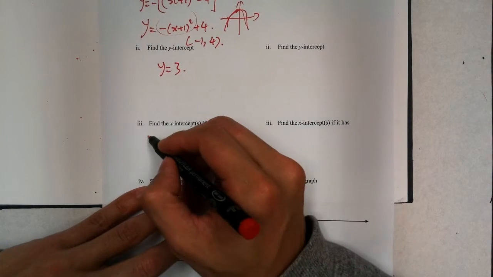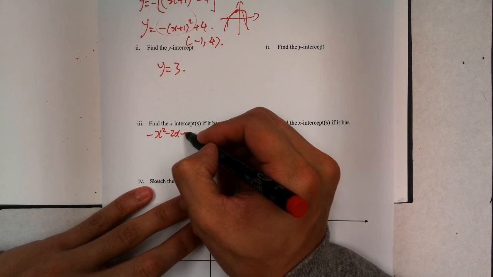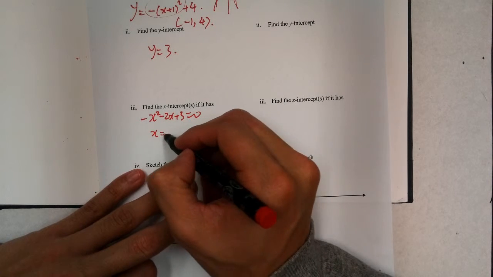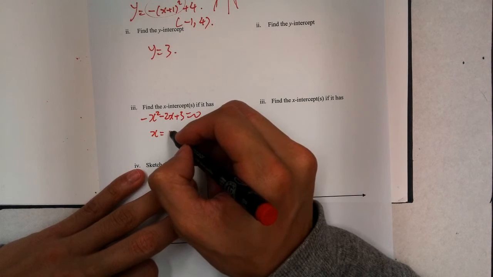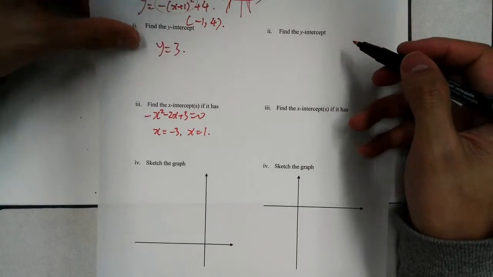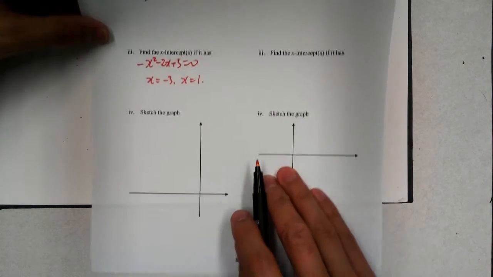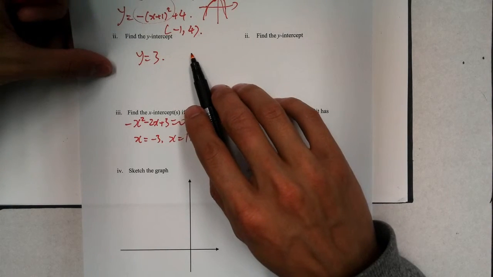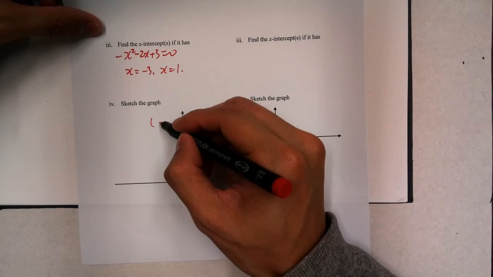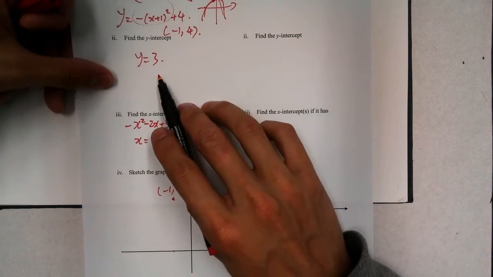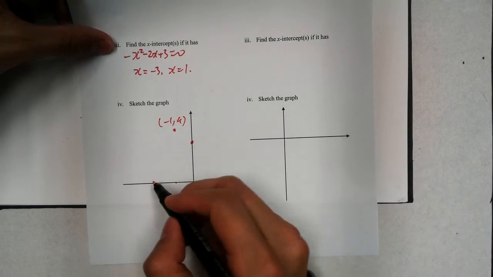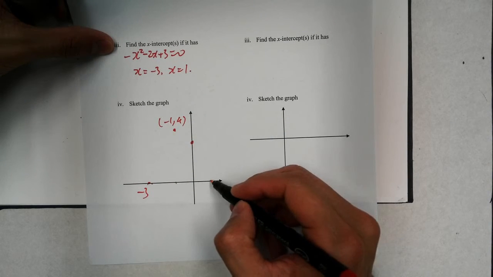Still x-intercept. Therefore, we find negative x squared minus 2x plus 3 equal to 0. So therefore, we have x is equal to negative 3 and x is equal to 1. So you can try to solve it by yourself. Therefore, now we have all the points we need, which is the turning point negative 1, 4, and y-intercept is 3, and then we have 2 x-intercepts, which is negative 3 and 1.